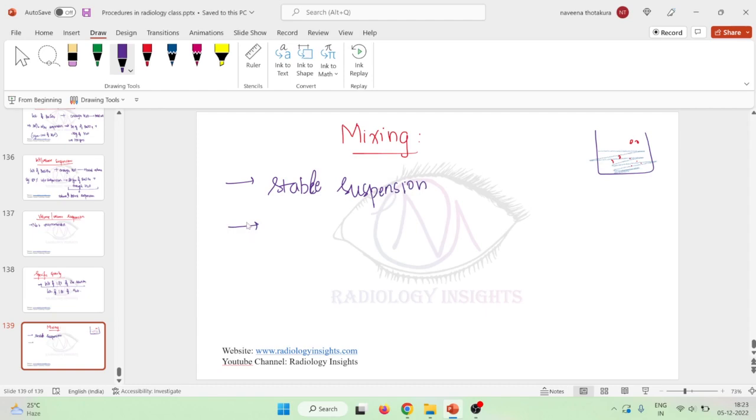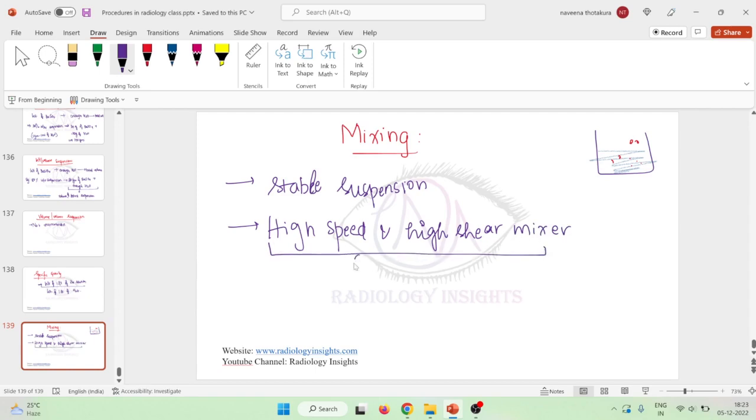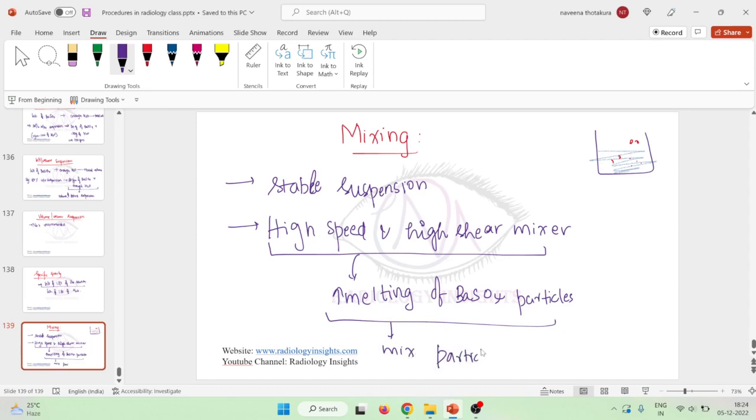Second, for this mixing, a high speed and high shear mixer should be used. Usage of a high speed and high shear mixer will increase the wetting of barium sulfate particles, so that the particles mix evenly in the suspension.